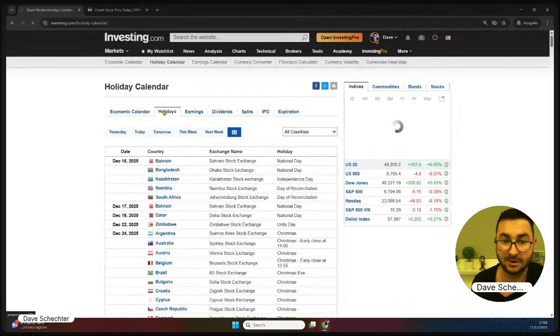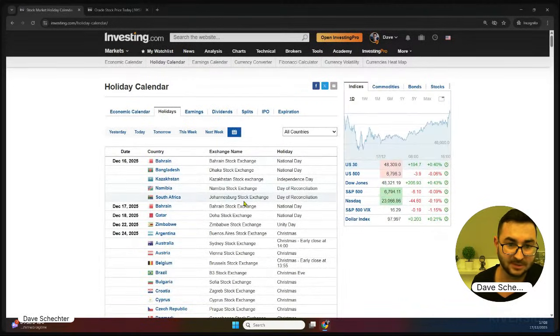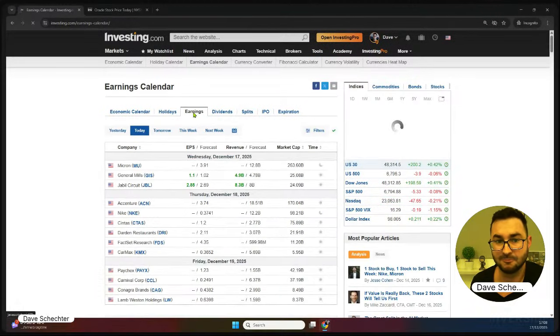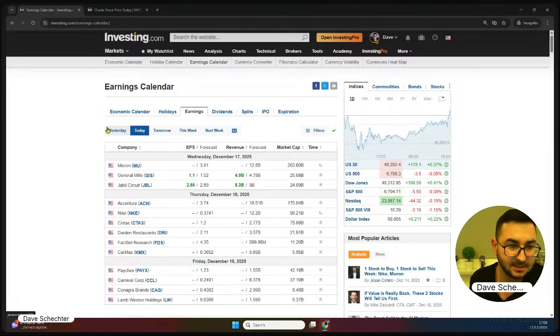We are currently in the holiday season, so if you wanted to get a sense of which exchanges are closed on which dates, you can do that through here. Right now, we're at the tail end of earnings season, so this particular calendar is very important for those individuals who are tracking earnings.